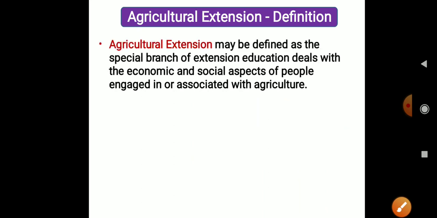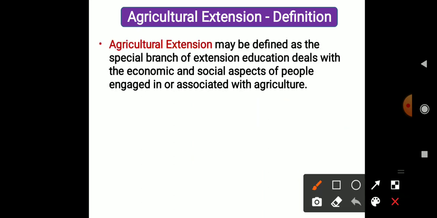And the last concept in this definition is agricultural extension. Now it is very easy. First of all, we have seen extension, then extension education, and right now agricultural extension. Again we have to make a bifurcation. It may be defined as a special branch of extension education, a special branch of extension.